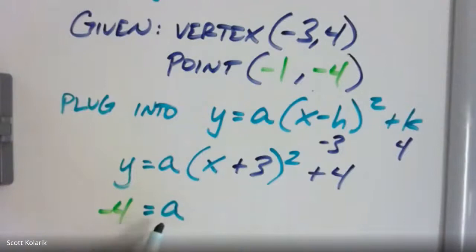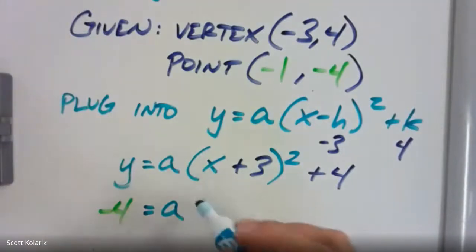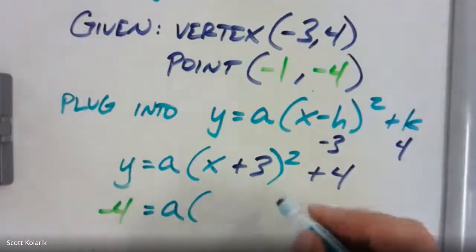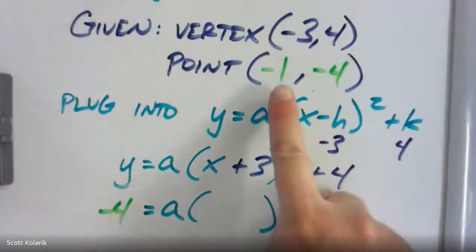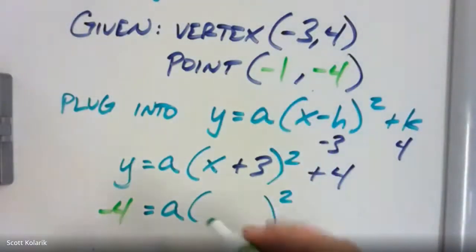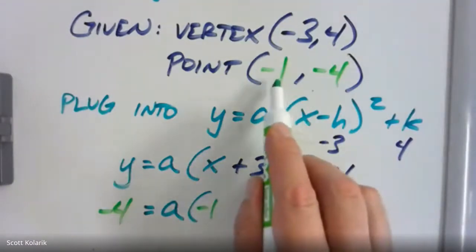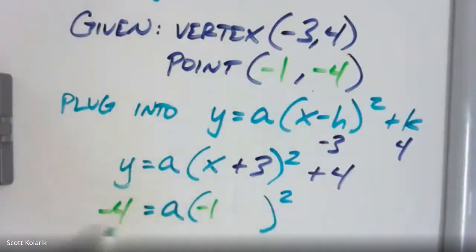We're actually going to go through the process of figuring out what a is. That's going to multiply times the quantity x plus 3 squared, but now x is going to be this guy, the -1, the x value in that coordinate point. So that's where the -1, -4 go. It's still plus 3 because this plus 3 was the opposite sign of that x value for the vertex. And then the plus 4, again, comes from that vertex point.